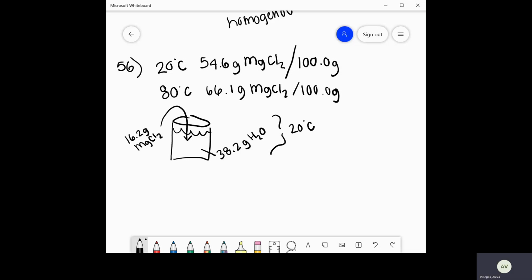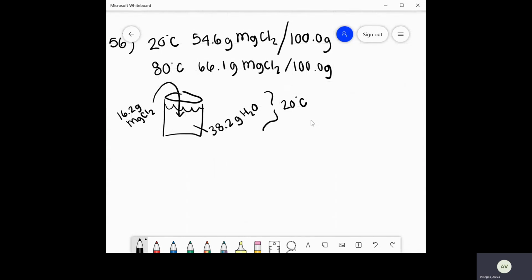So to determine this, the first thing is to start with the information that's most relevant to this problem. This experiment is going to be done at 20 degrees Celsius, so you're going to use this first condition here and ignore the other one for now. Now you start with what you're given.